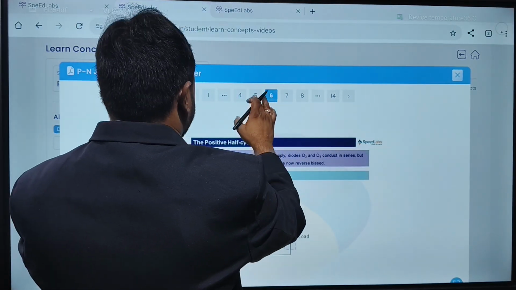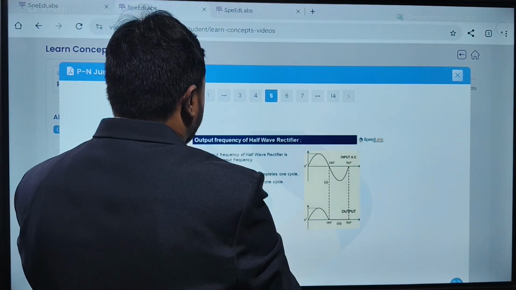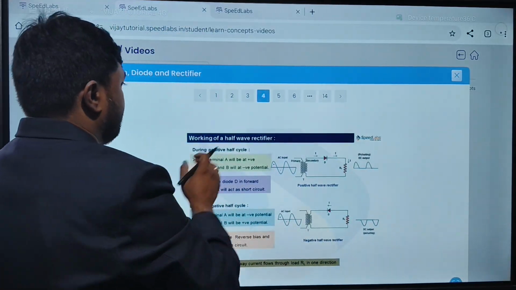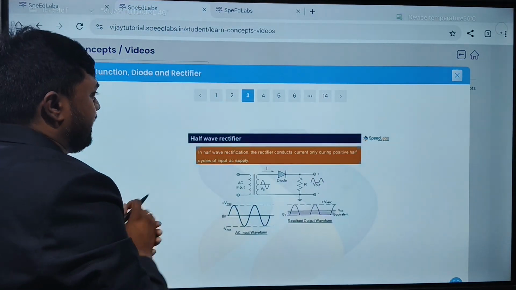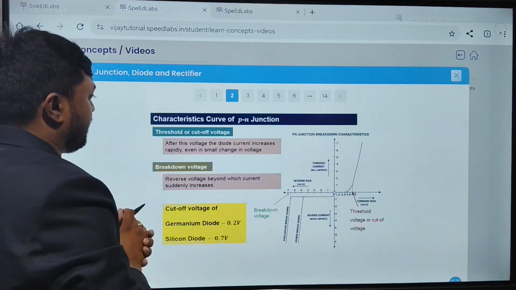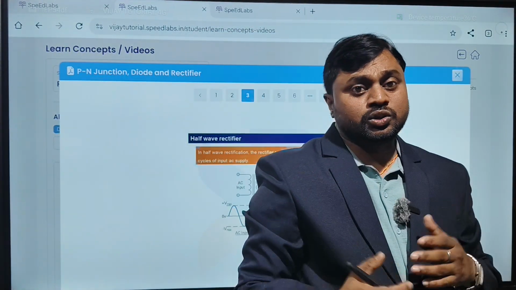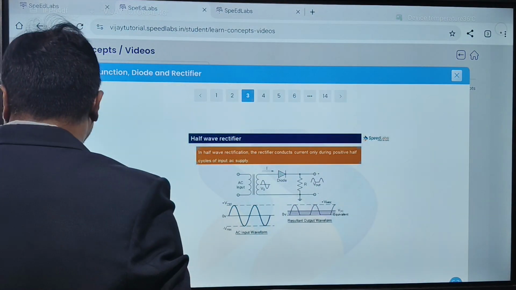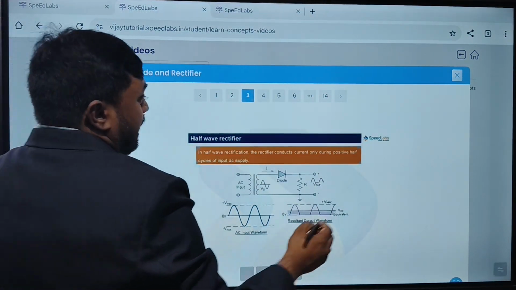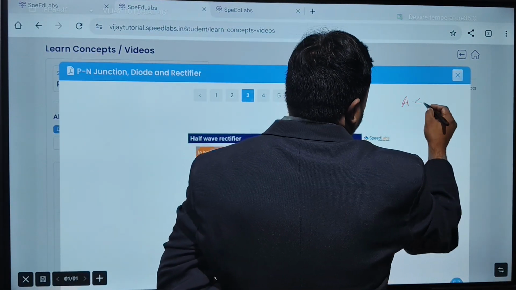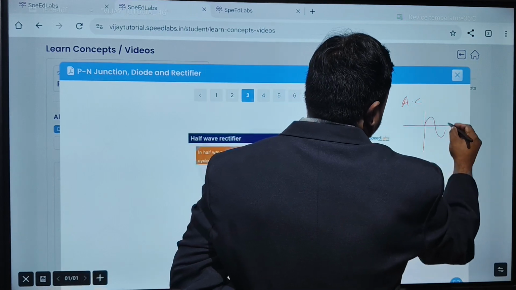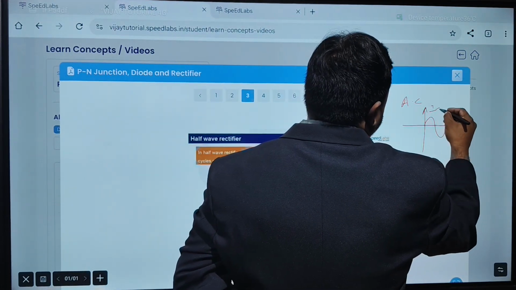What is a rectifier? First you try to understand. A rectifier is a device which converts AC to DC. So you need to understand what is AC and what is DC. AC is alternating current, it flows in both cycles. This is IAC.